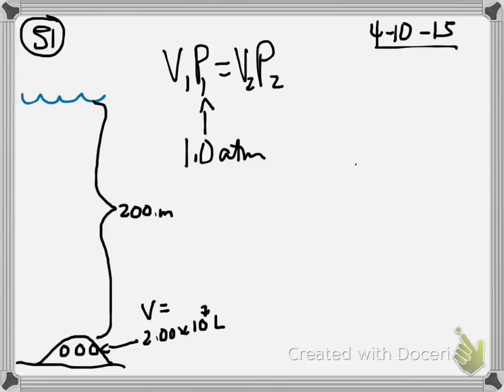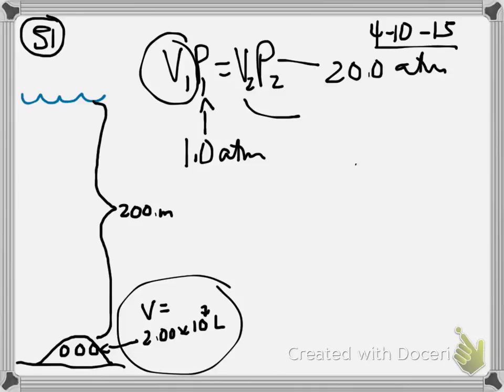When it says 1 atm or standard pressure, we're assuming that's infinite sig figs. They don't count against us. Volume 1 is what we're looking for. And pressure 2, we're told, is 20 atm. Volume 2 is just the capacity of the station. So 2.00 times 10 to the 7th liters.